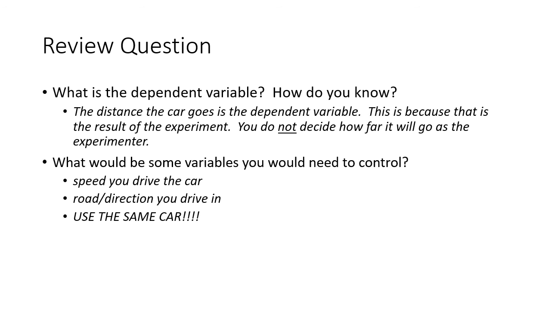Okay, you can't use one vehicle for the first amount of gas and then use a different vehicle for a different amount of gas. You have to have the same car so you can compare apples to apples. So that's really what controls are always about, being able to compare apples to apples. If I do the experiment one way and then I change the experiment with some sort of different set of controls, I'm not comparing apples to apples anymore.